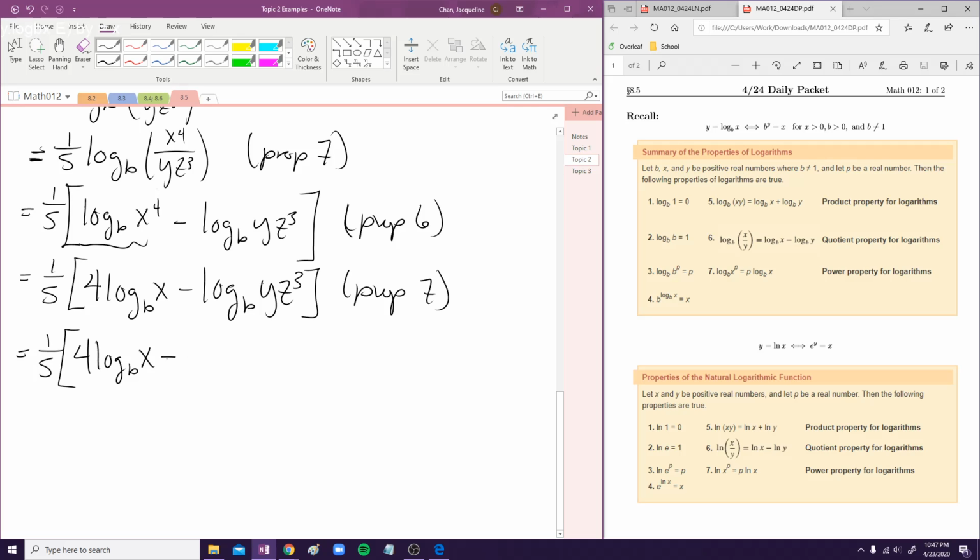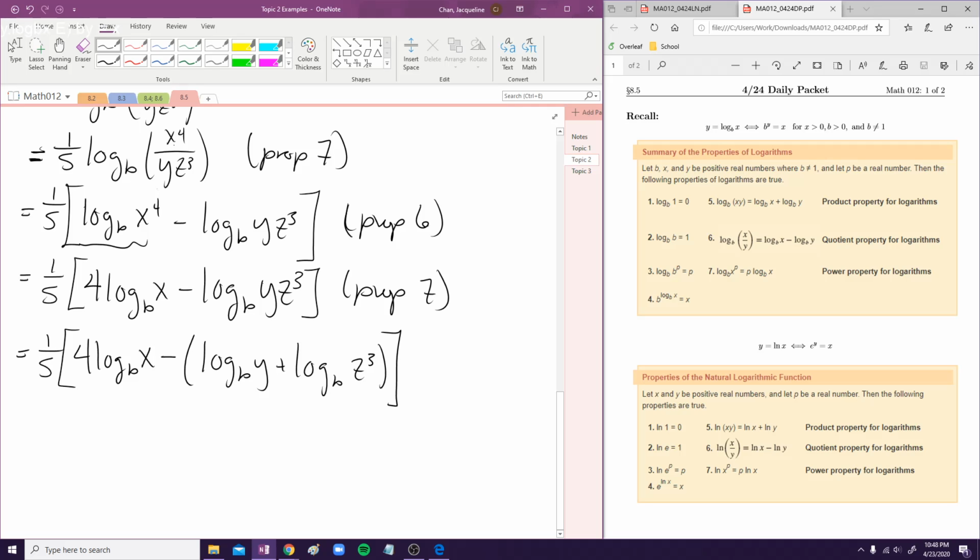Again, since there's a minus here, we have to make sure there's parentheses. So for log base b of yz cubed, this is multiplication. This is y times z cubed. So this can be broken up into log base b of y plus log base b of z cubed.